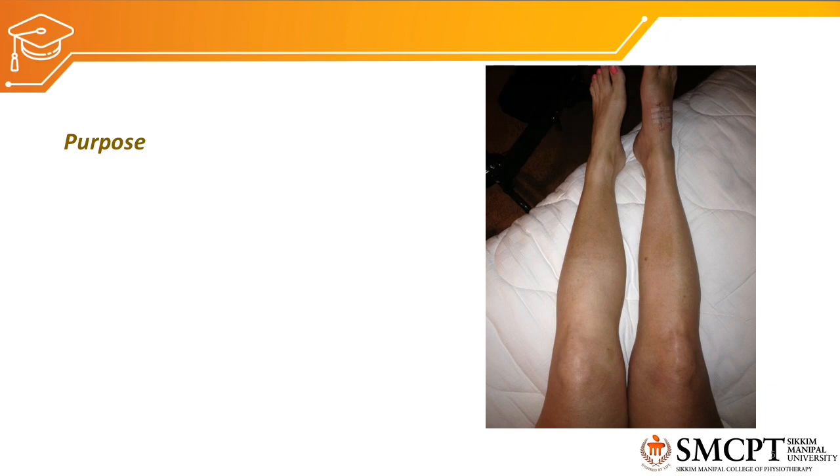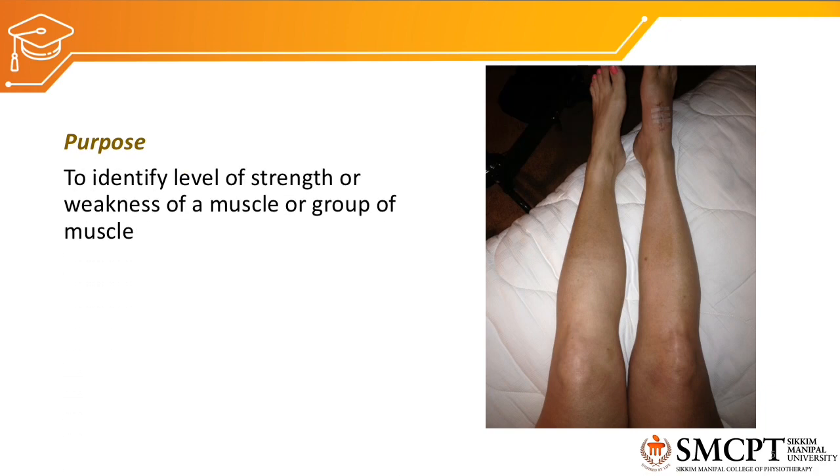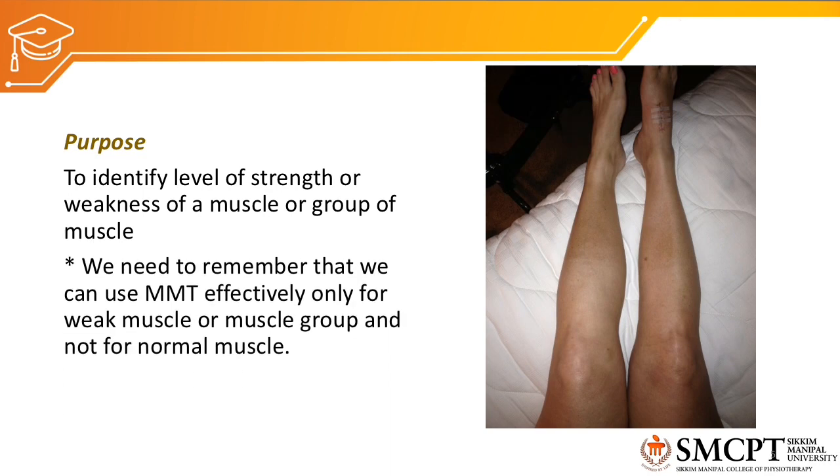So the sole purpose of manual muscle testing is to identify the level of strength or weakness of the muscle or group of muscle. We need to remember that we can use MMT effectively only for weak muscles and not for the normal muscle.